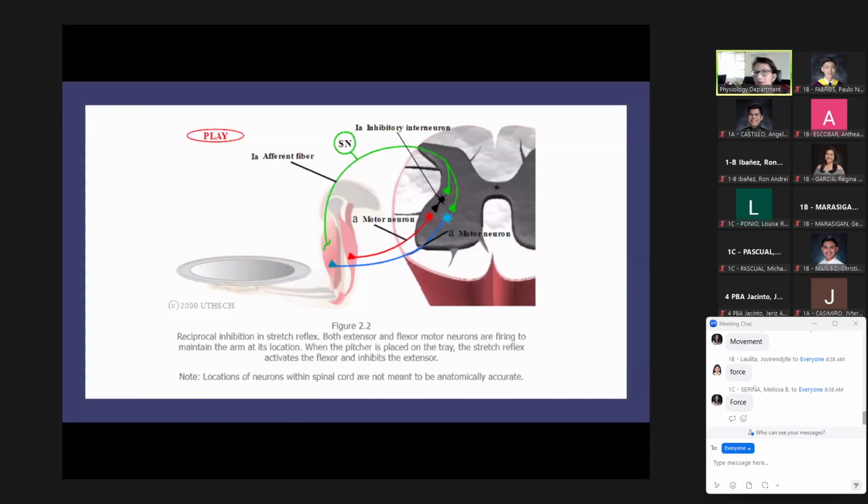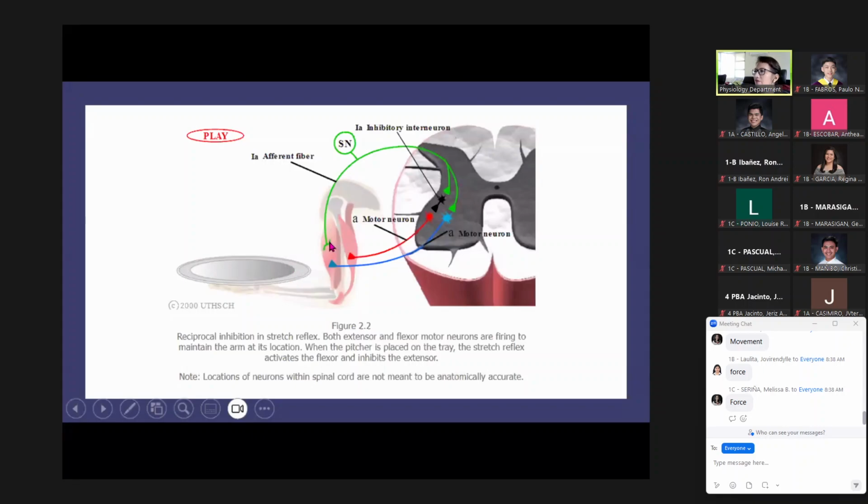Okay, diba pag clinic niyo yung play, a picture will be put on this tray, so that's the stimulus. It will cause the lengthening of your muscle, which will be detected by your muscle spindle.